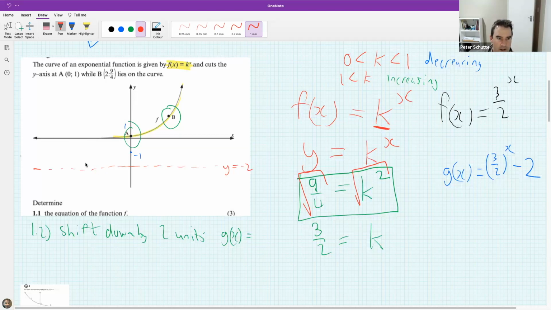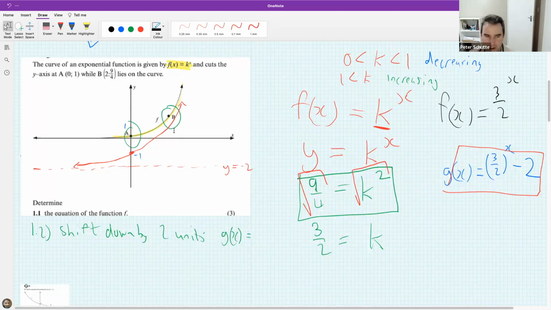And the graph that I've drawn now would look something like that. And that would be g of x. Notice how the asymptote, which was 0, is now at -2 because everything is shifted down by 2 units.